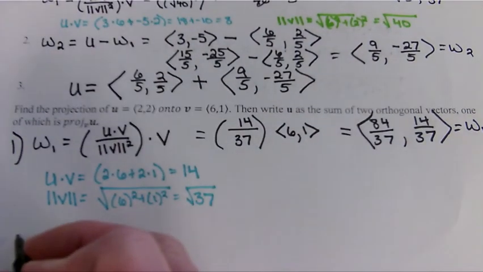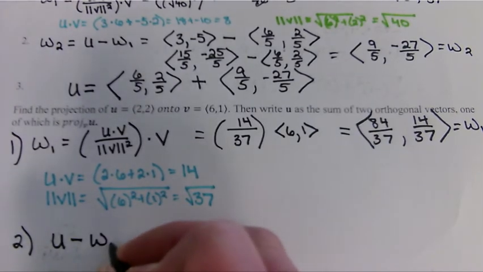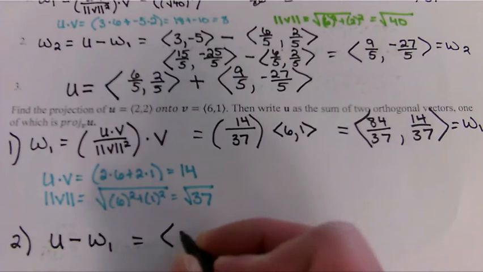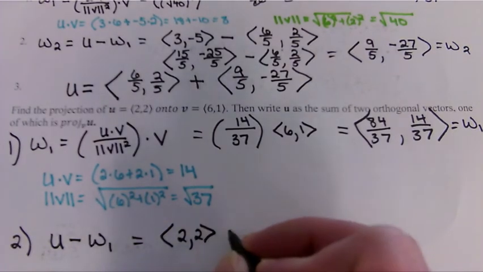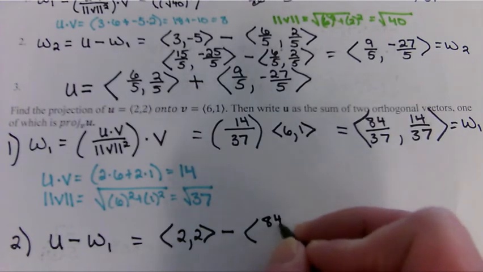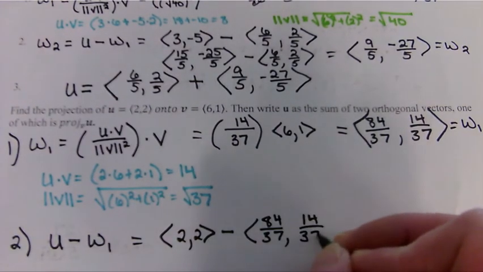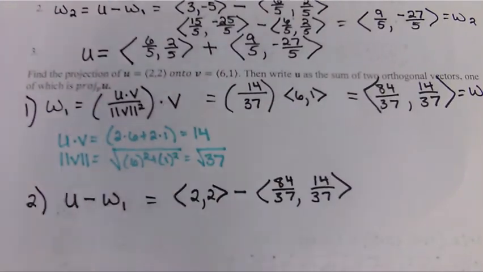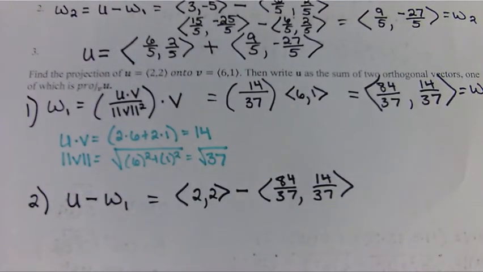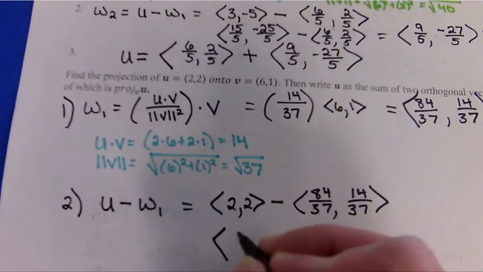Now I want the one that's orthogonal to that. So I find that by taking u minus the one we just found. So u was 2, 2 minus this new vector. And so to subtract fractions, I need to have a common denominator. So 37 times 2 is 74.